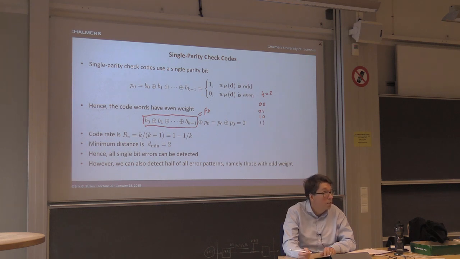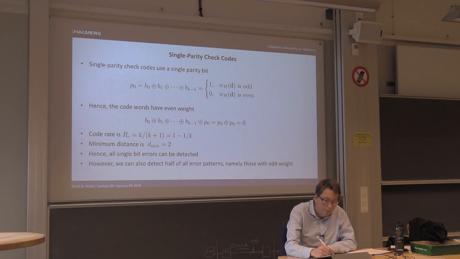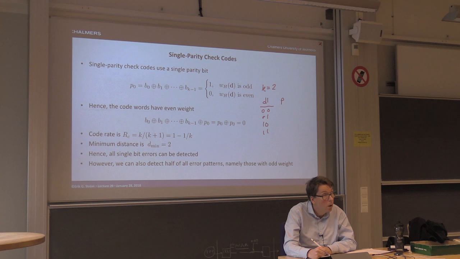These are the possible information bits, D. And then the parity bit is only 1. So what's the parity when we have 0 0? 0 plus 0 is 0. The parity when we have 0 1 is 1. The parity for 1 0 is 1, and for 1 1 this is 0.